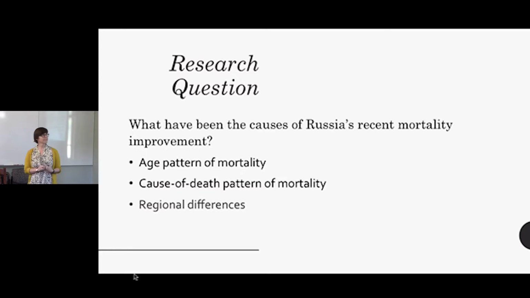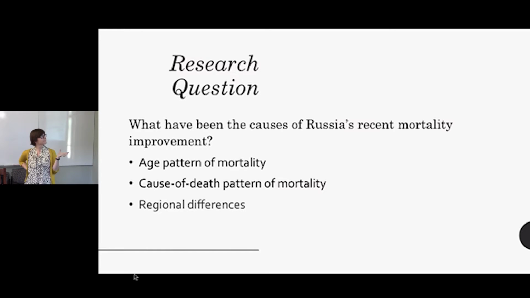Okay, so the goal of this research is to get at the causes and potential future path of Russia's recent mortality improvement. And to do this, I'm looking at three things: the age pattern, the cause of death pattern, and the regional differences in mortality improvement. Just to preview my conclusions, in case we don't get there, although I think we will.